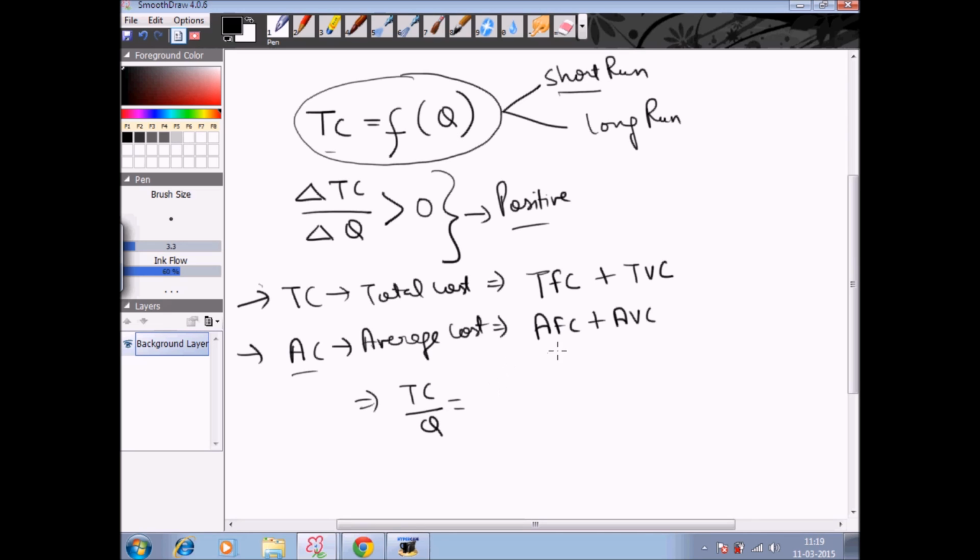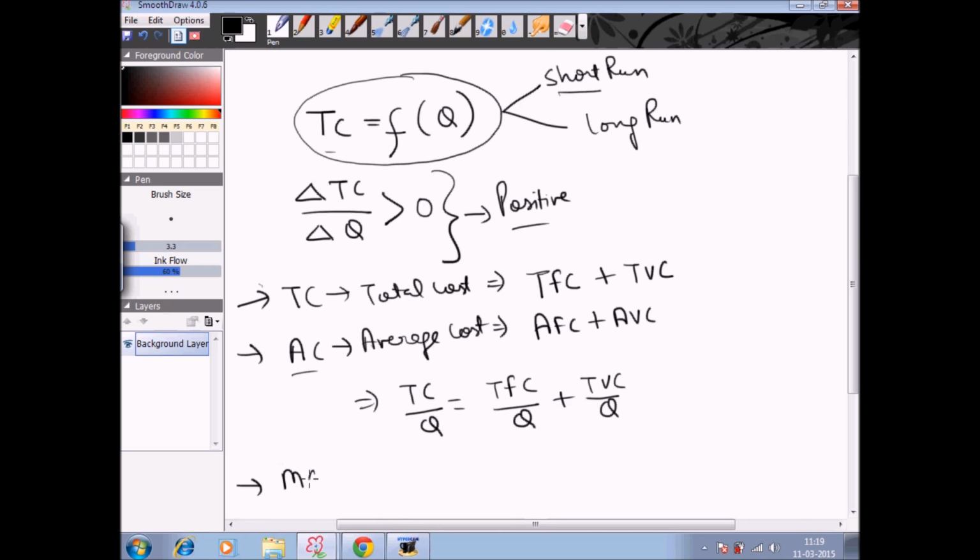Likewise, we can calculate average fixed cost by dividing the total fixed cost by the units of output produced, and we can also calculate average variable cost by dividing total variable cost by the units of output produced. So, average cost is equal to average fixed cost plus average variable cost.